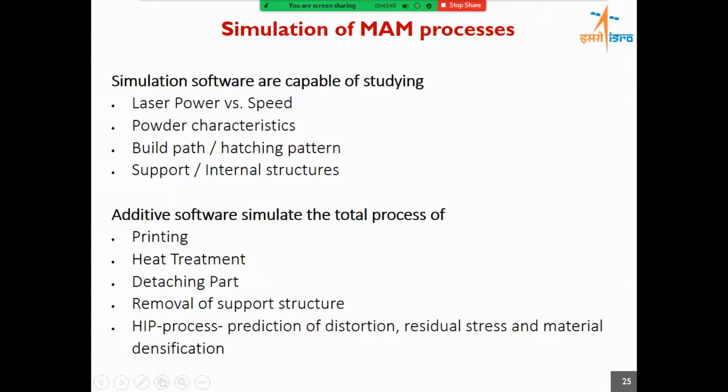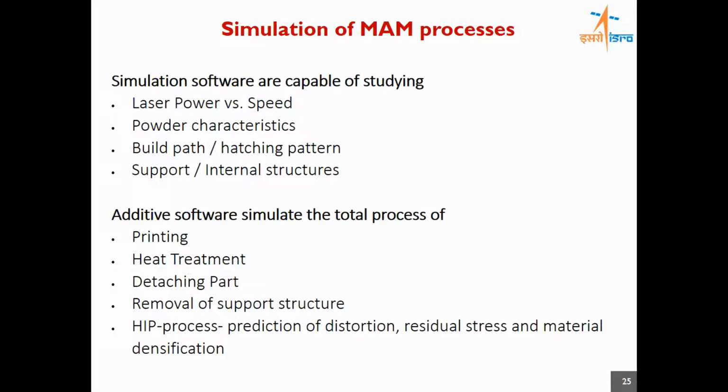As the processes are very complex, you need to use some simulation software capabilities, so that you need not do experiments for optimizing all the parameters. There are various simulation software available which are capable of studying how laser power and speed vary, and how they can affect the part or the density of the part that can be produced.